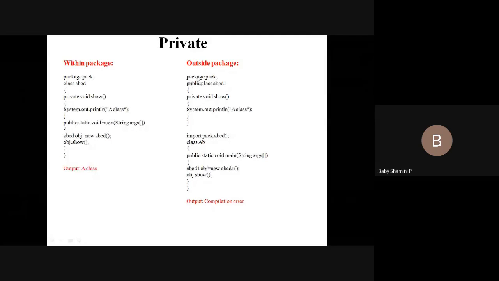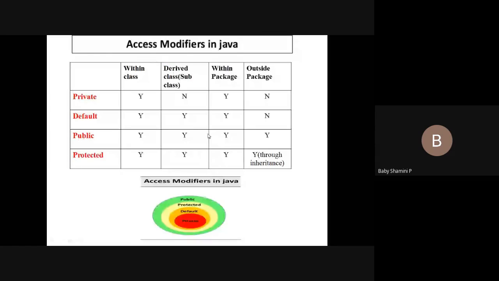This is a class, ABCD1, and I'm going to access from this class. We cannot access from outside the package. So private can be accessed within the class; in a derived class it is not possible; within the package it is possible; and outside packages it is not possible.